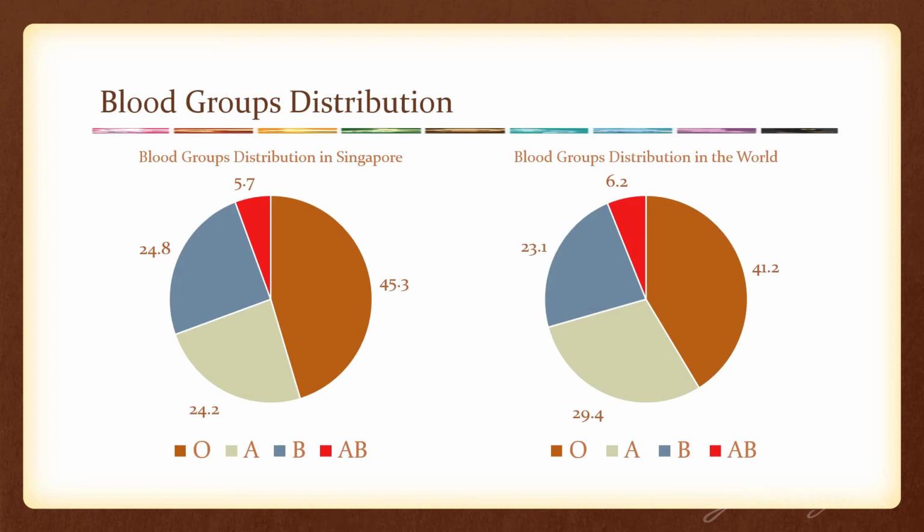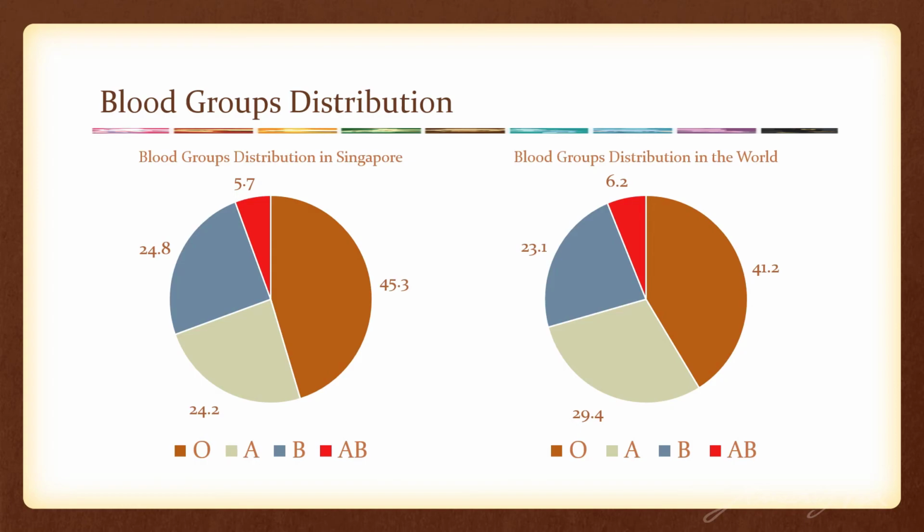So around the world, even though blood group O is slightly less than the 45% in Singapore, it is still the most common blood group out of the 4. So just because the O allele is recessive doesn't mean that the blood group O phenotype is the least common, as we can see from the pie chart. So this is an important point to take note of.